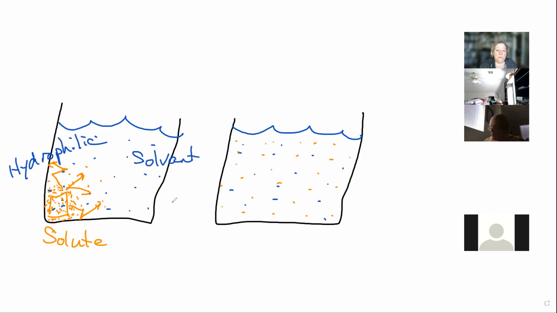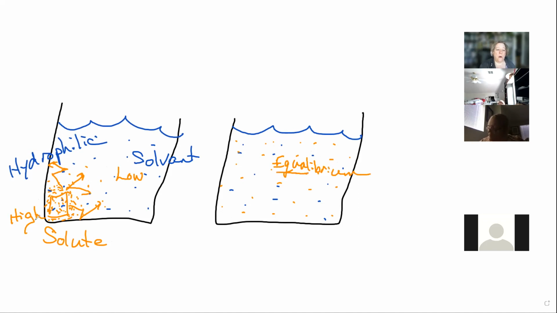So this movement of the solute, in this case sugar, moving from an area of high concentration to an area of low concentration until we reach what is called equilibrium, so it's equally spread out.